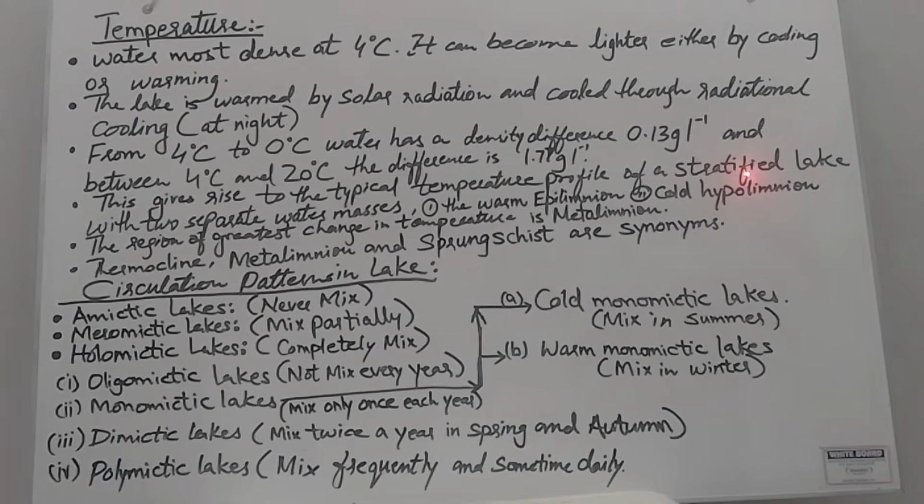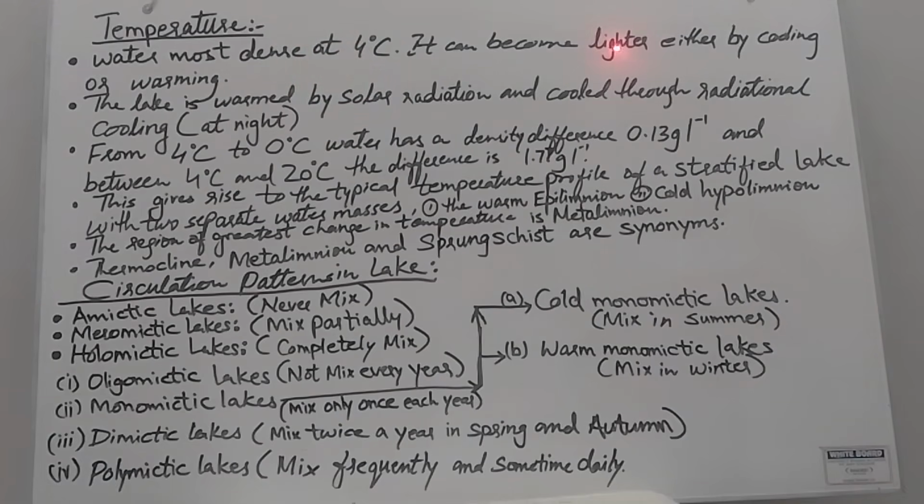But the intermediate will be the metalimnion on the basis of temperature, because the most dense water is at 4 degrees centigrade, and when this temperature changes, either it increases or decreases, then the density of the water will also change.